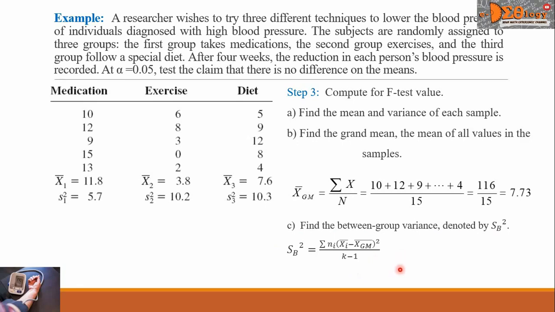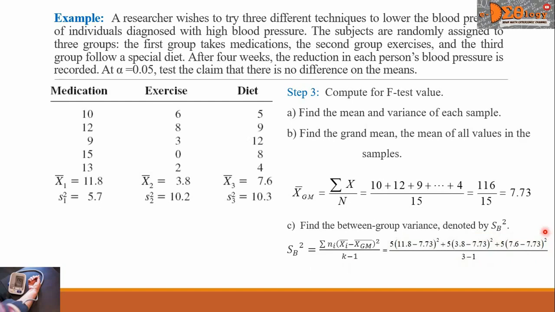Substituting the corresponding values, we have 5 times (11.8 minus 7.73) squared, plus 5 times (3.8 minus 7.73) squared, plus 5 times (7.6 minus 7.73) squared, all over k minus 1, which now becomes 3 minus 1.